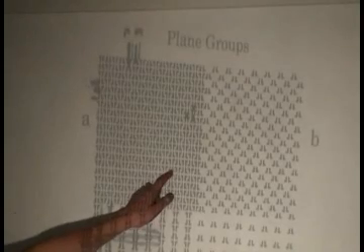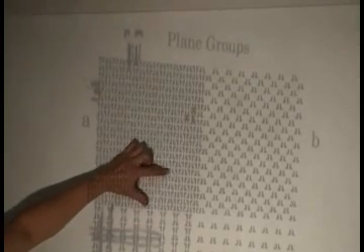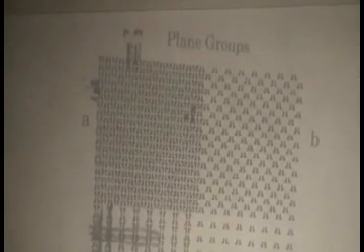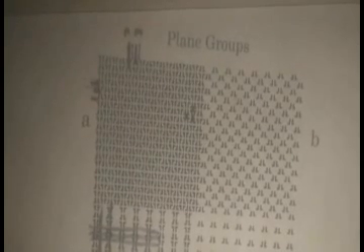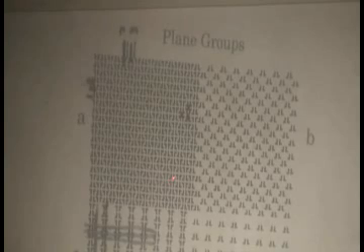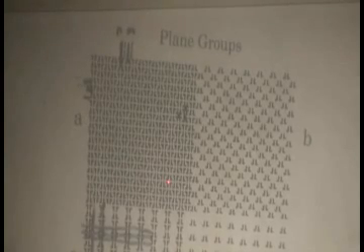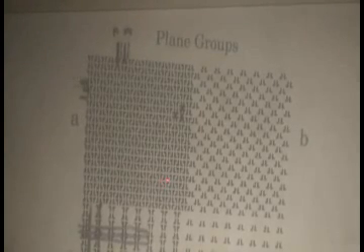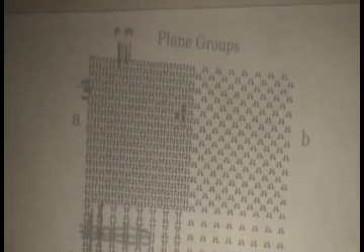Because if you look at, for example, this point right there in the center, there are 4 objects around it, but they are not going in the 4 corners. So it's not 4-fold rotation, okay? Like if you take that point here, this is not 4-fold rotation, although there are 4 objects around it.